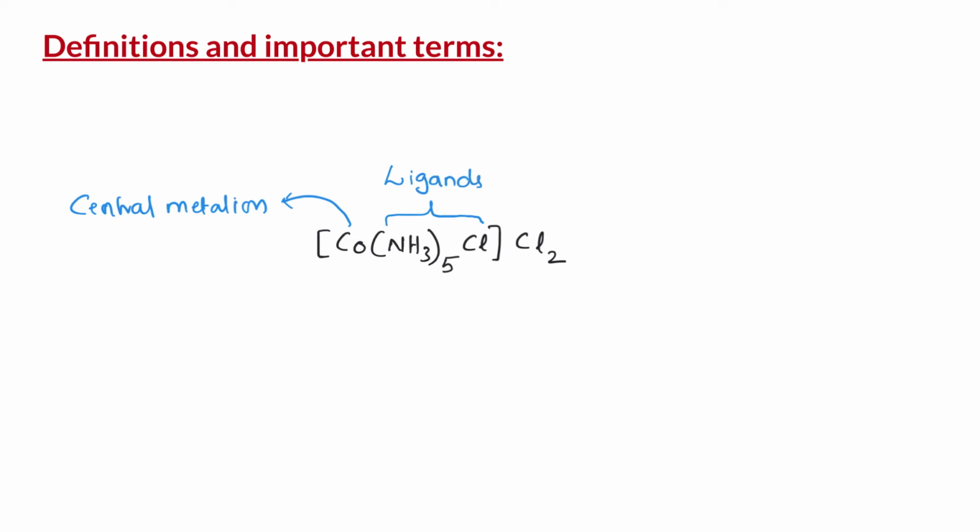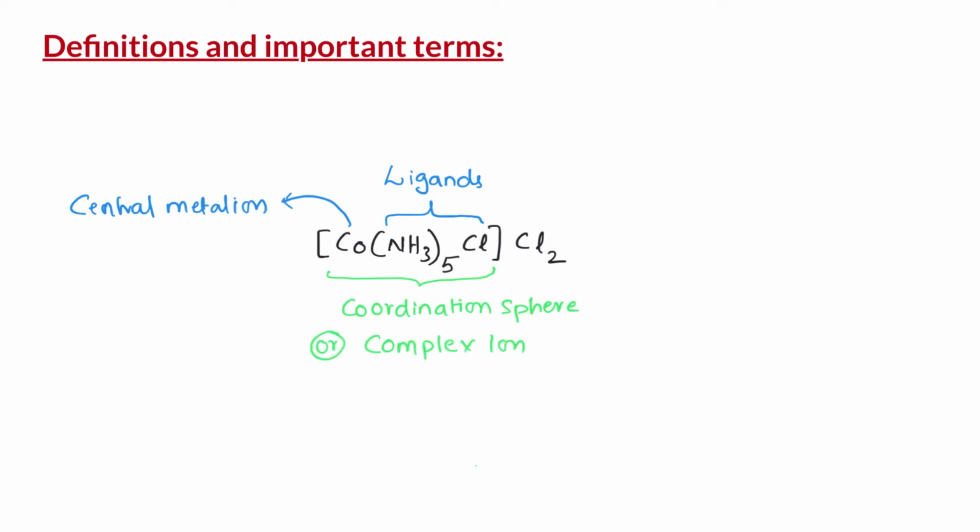In this example, we have 5 ammonias and 1 Cl- acting as ligands. The central metal ion, along with the ligands that are inside the square bracket, is called the coordination sphere or complex ion.